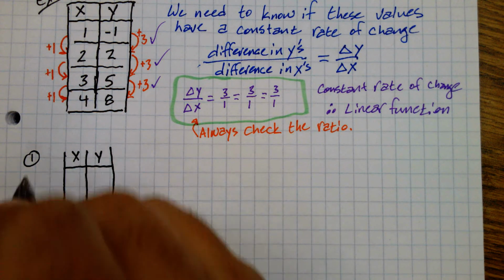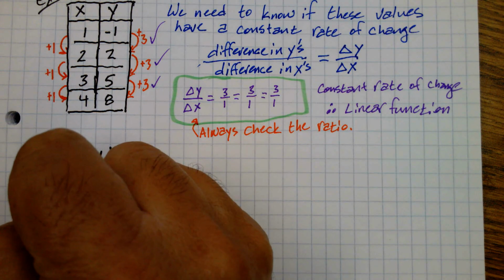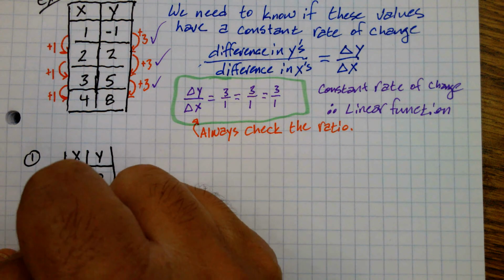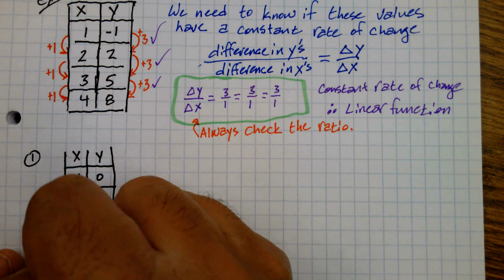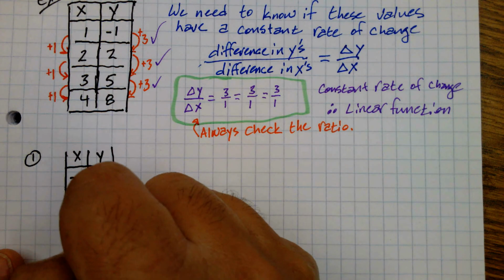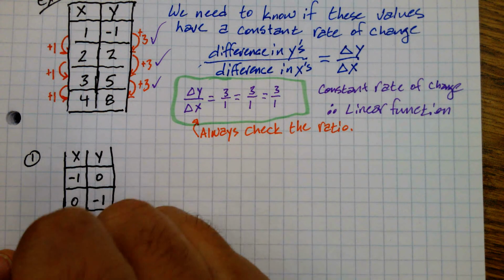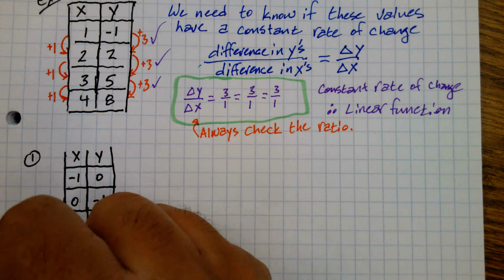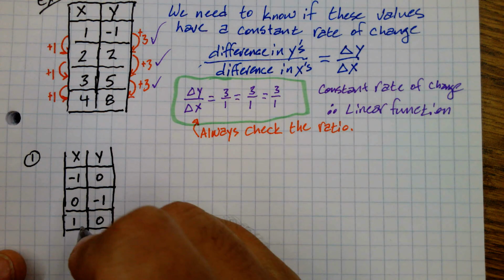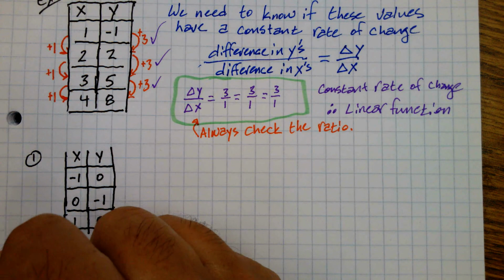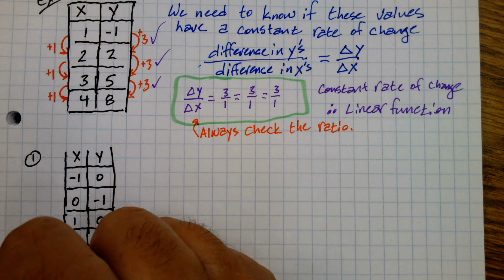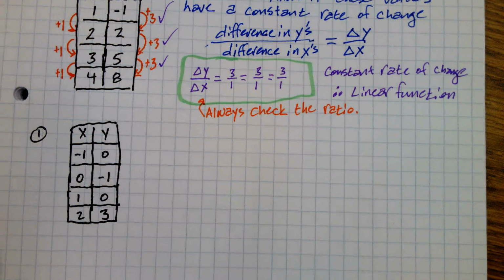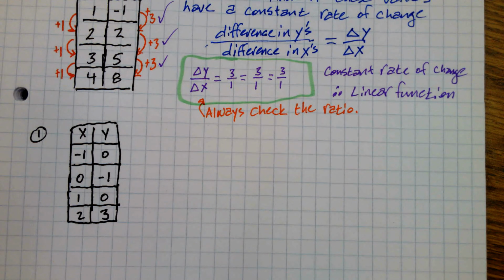And here are some values for our domain and for our range: -1, 0; 0, -1; 1, 0; 2, 3. Okay, so let's try these.